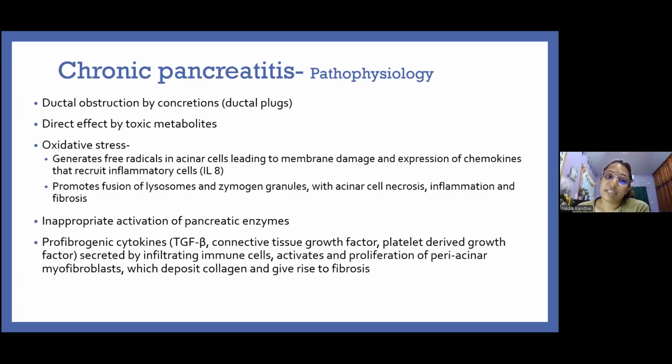There's the inappropriate activation of pancreatic enzymes, and pro-fibrogenic cytokines are secreted by these infiltrating immune cells, which activates and proliferates the periacinar myofibroblasts, which then deposit the collagen, giving rise to the successive fibrosis.